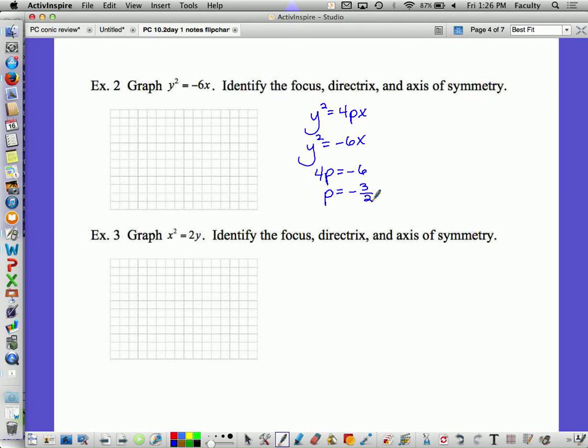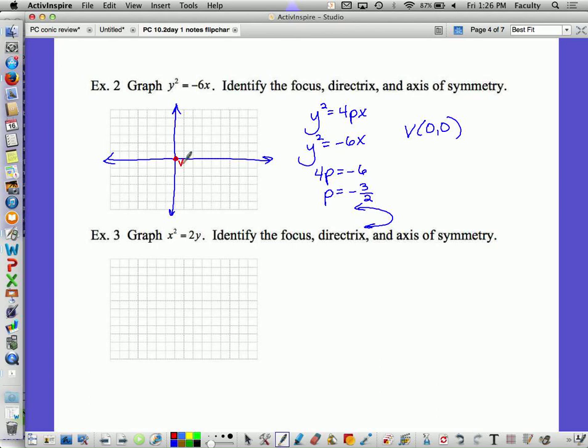So because it's y squared, I know left or right, but because p is negative, which way does it open? Left. So this is going to open to the left. The vertex is 0, 0. So here's the vertex, 0, 0.